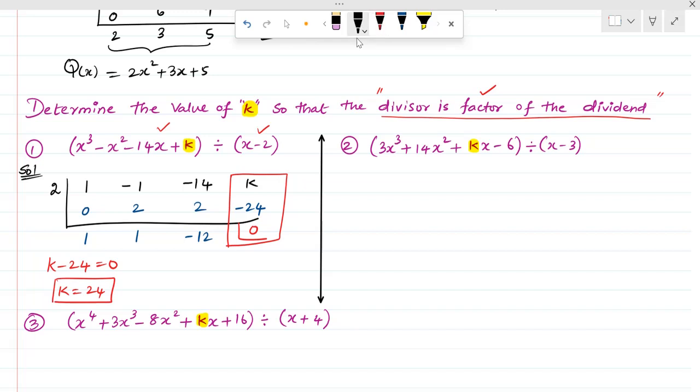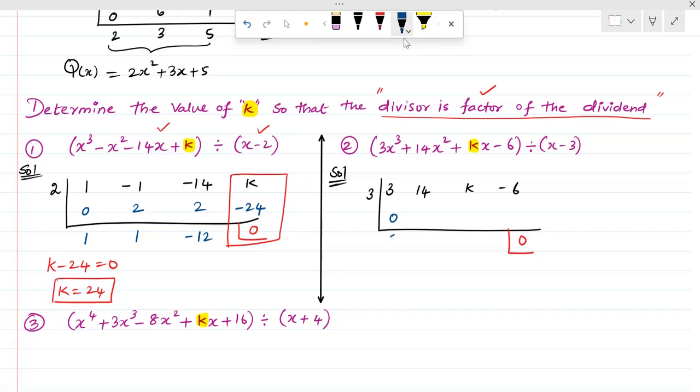Similarly, I will go with the next one. This is the polynomial given, 3, 14 and plus k and minus 6, and it is divided by x minus 3. So therefore the factor will be 3 here, and since it is a factor, the remainder must be 0.